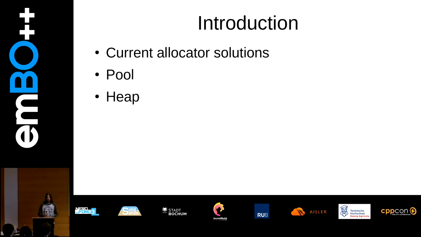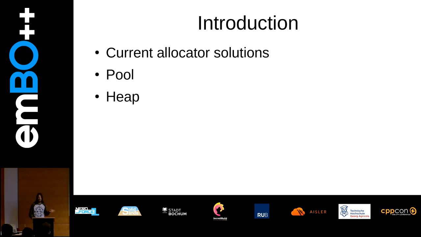So you have either a pool, which holds only one type of element, and then from a fixed buffer, which is pre-allocated in memory, or you have the heap, which is basically allocated in all the available space that is left after the stack. So that is a global object. There are also some variations on the heap allocator.